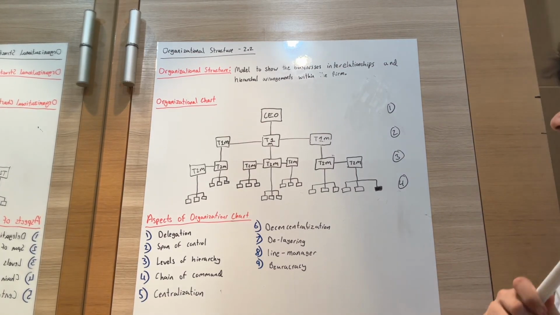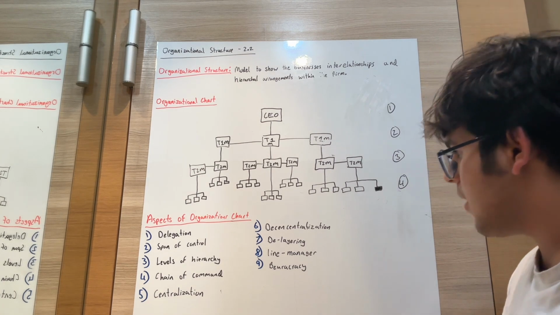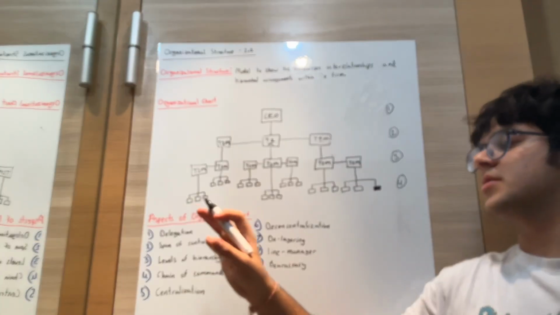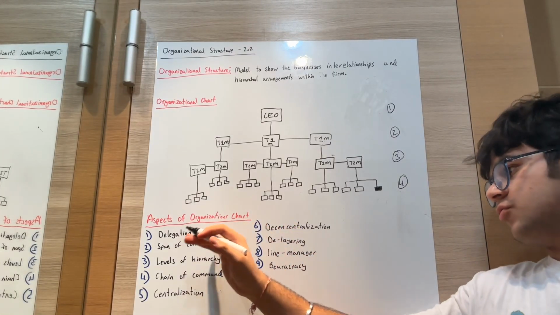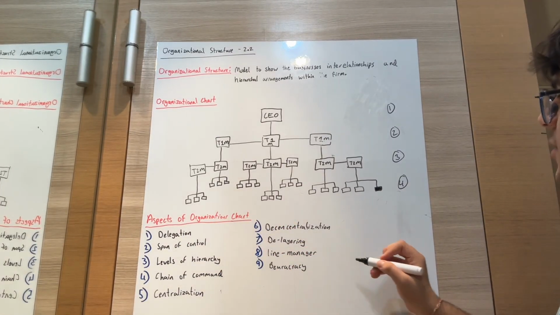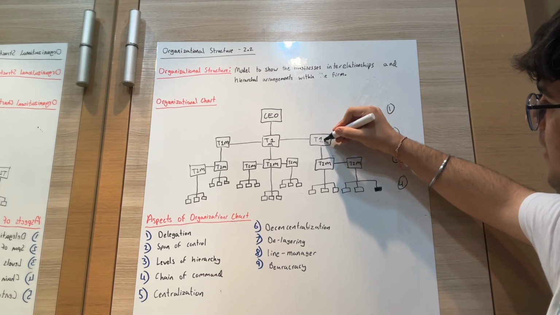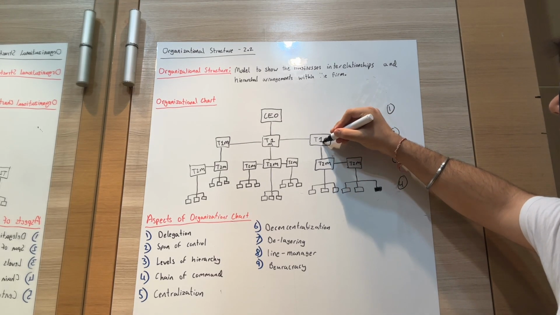Now, line manager. When we talk about line managers, we have to look over to our span of control. So a line manager is the person that is directly involved and directly managing an individual.